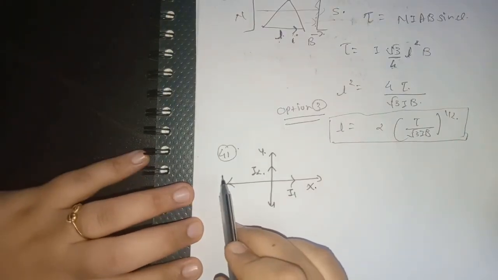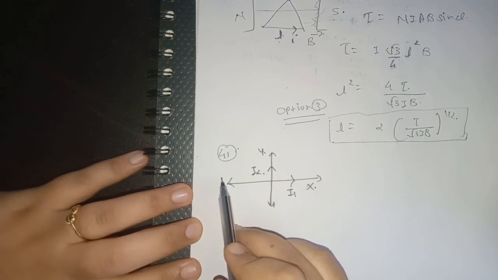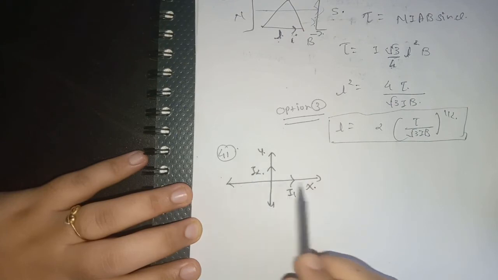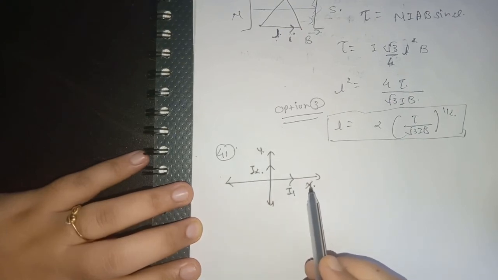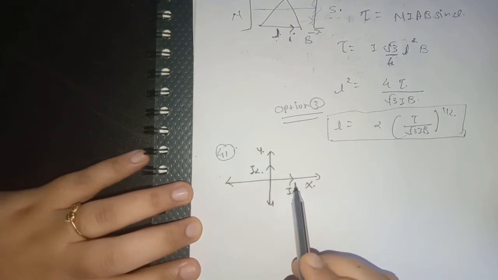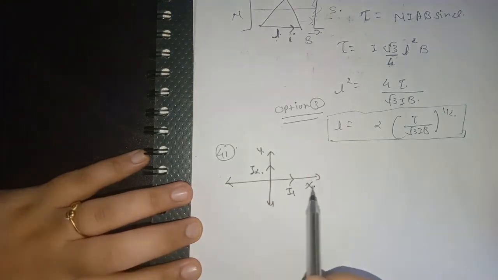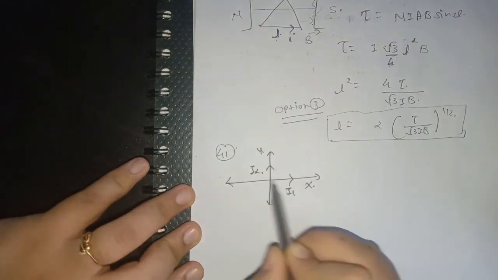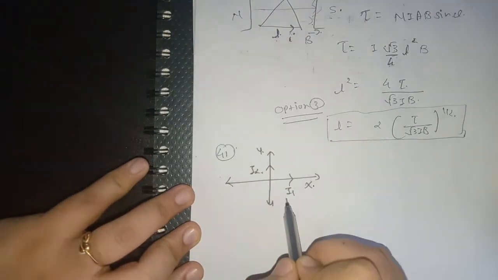In question number 41, two long straight conductors with current I1 and I2 are along the X and Y axis. We want to find the equation of the locus of points of zero magnetic induction. Here, to have zero magnetic induction, the magnetic field due to these two conductors should have the same magnitude and opposite directions.